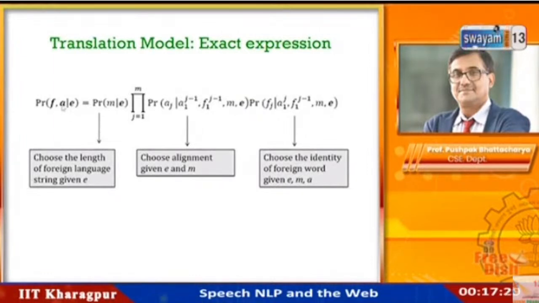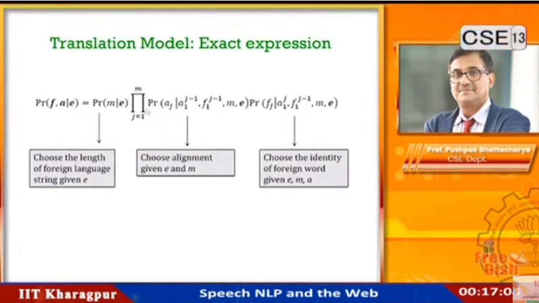Now I apply the chain rule and have the product of P(Fj, Aj), J going from 1 to M. M was introduced by way of marginalization.